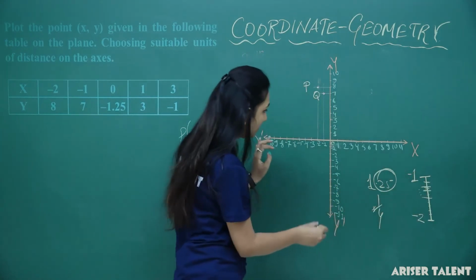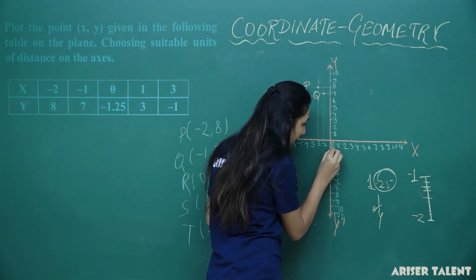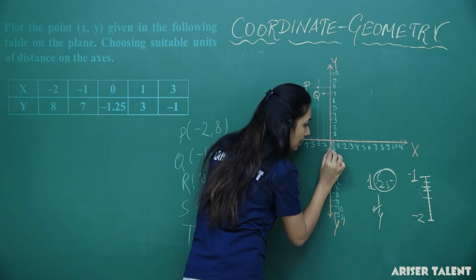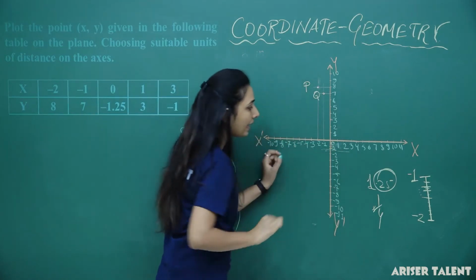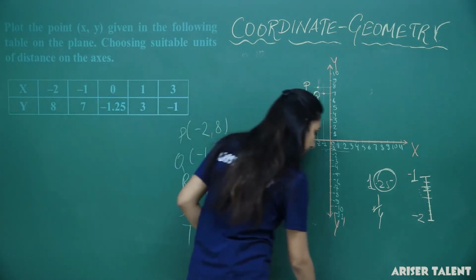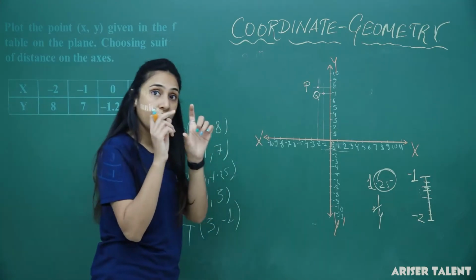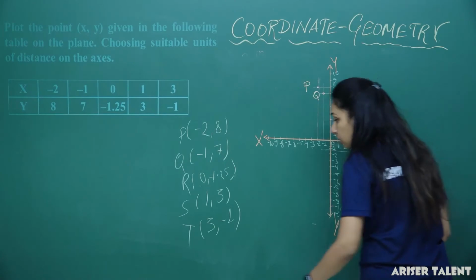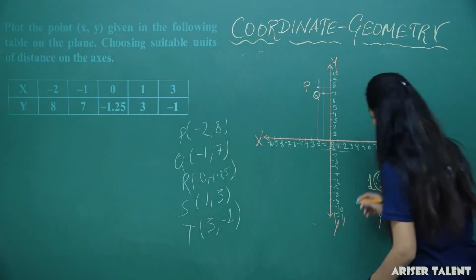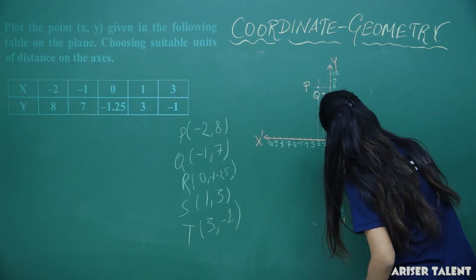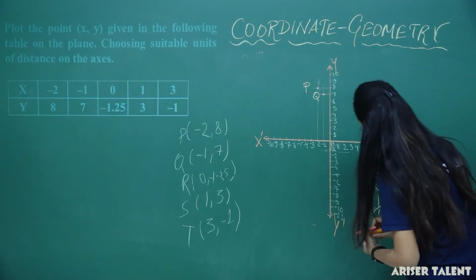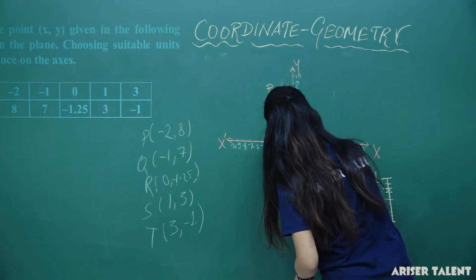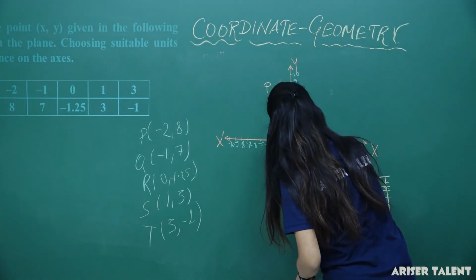So it will lie somewhere here, right? Because half is this, half is this. In your notebook, you can find it exactly by your scale, right? So that point will be known as R. So this is point R.